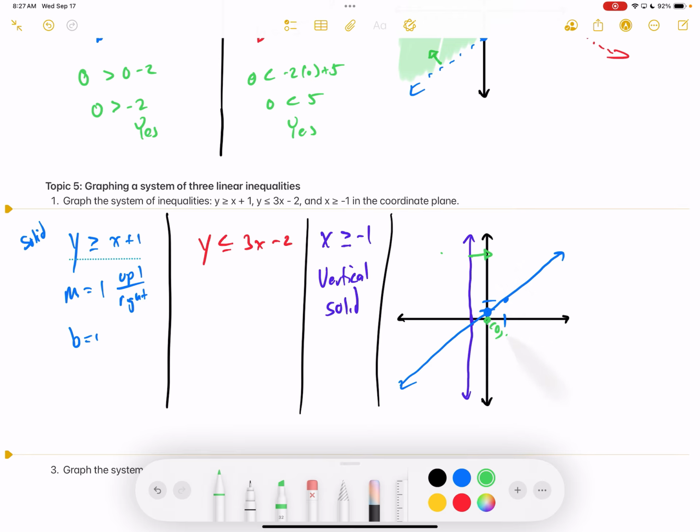It doesn't go through 0, 0. So is 0 greater than or equal to 0 plus 1? Is 0 greater than or equal to 1? No, that is not true. So I need to shade away from 0, 0. Right now, if I had my answer, I'd just shade right here, but we still have to add the red line in there.